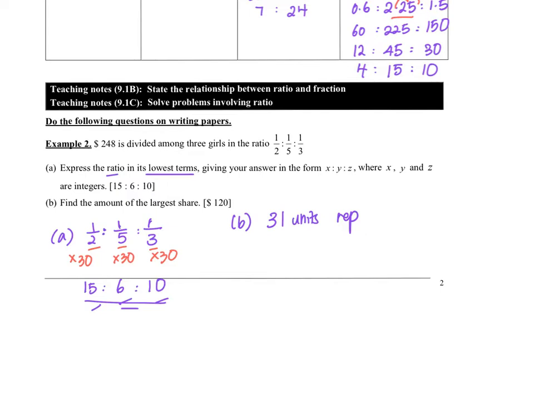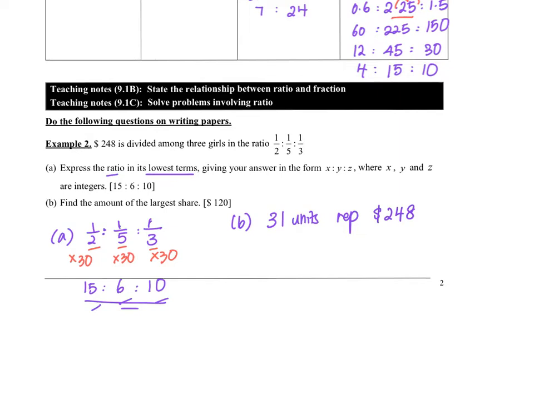So they are not equal to each other. But we can say that 31 units represents $248.